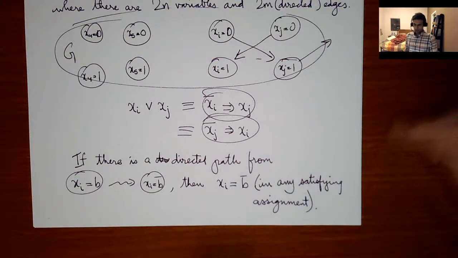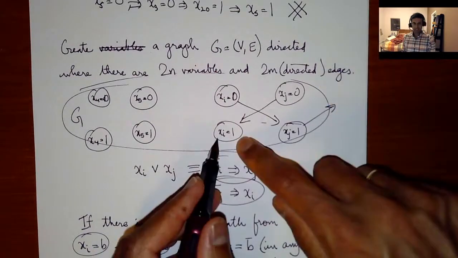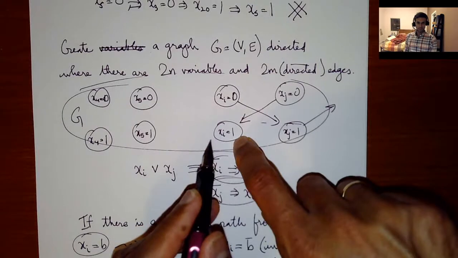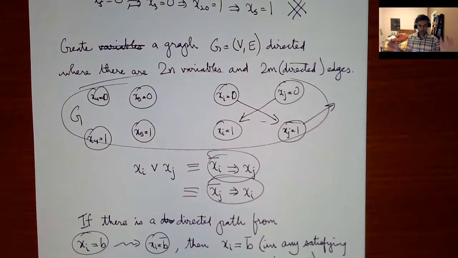So if you find a directed path, then what you can do is effectively set that variable to whatever it must be, and you can shrink your instance. Once you've set it, you can get rid of a bunch of clauses, follow through all the implications, and then you'll have a smaller 2-SAT instance.